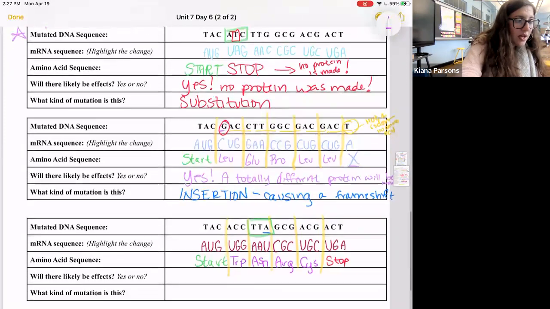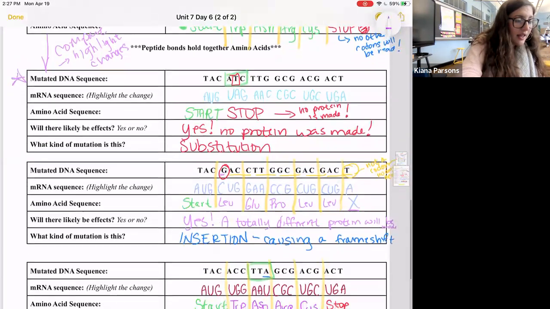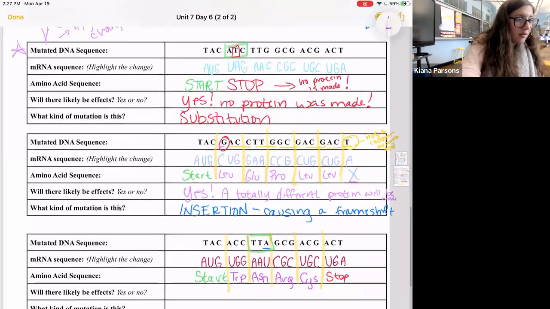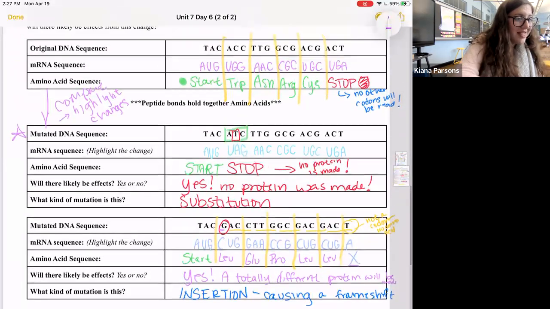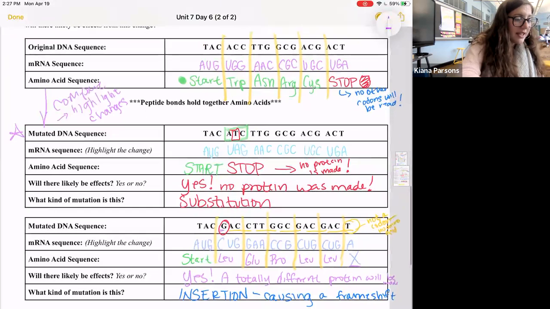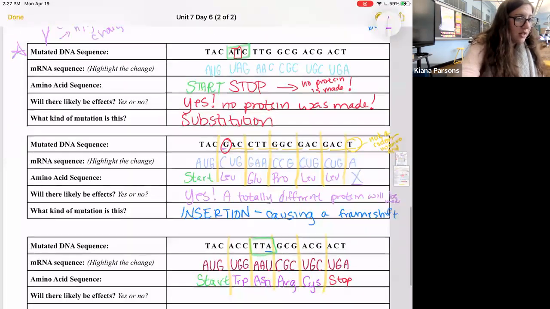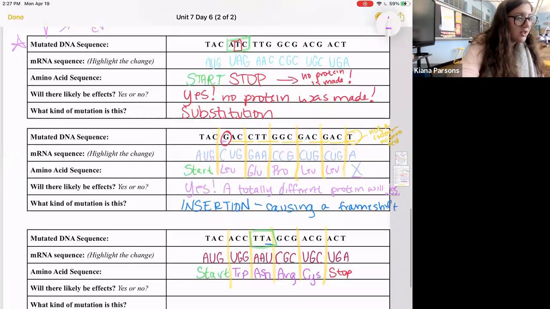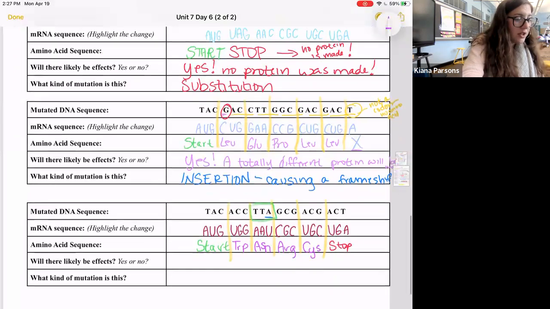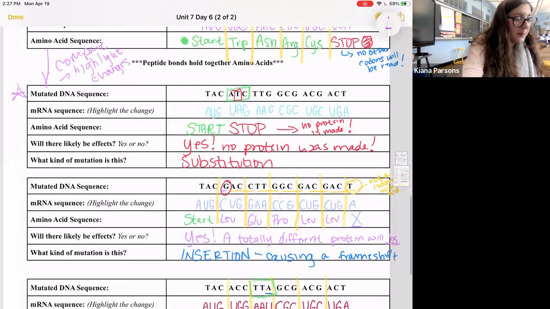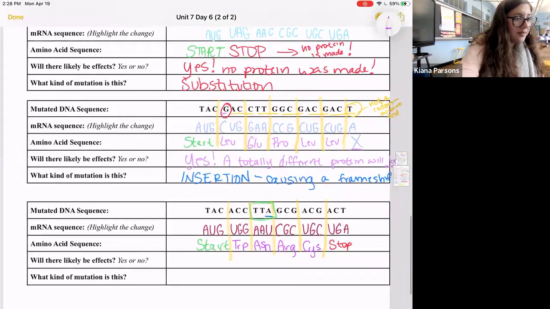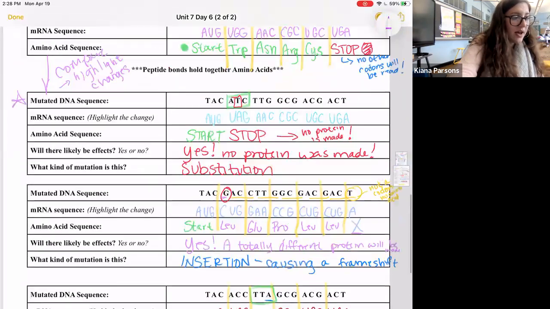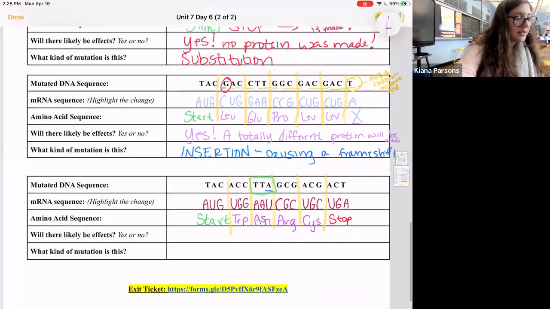Even though there was that substitution, we get the same amino acids. AUG is start. The second one, UGG, is TRP, TRP, ASN, ASN, ARG, ARG, CYS, CYS, stop, stop.